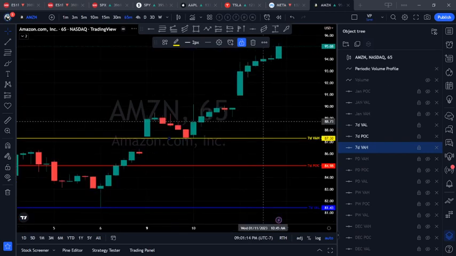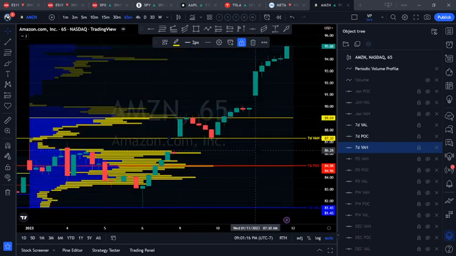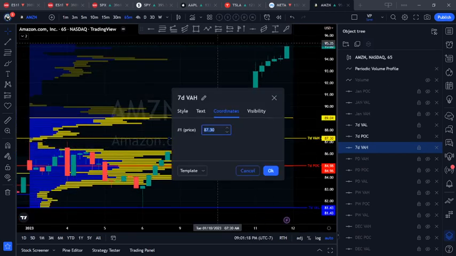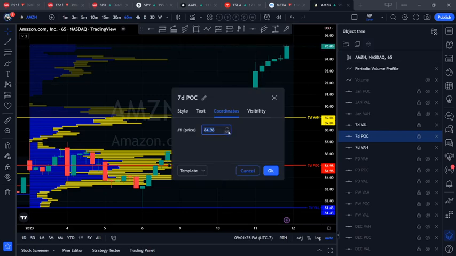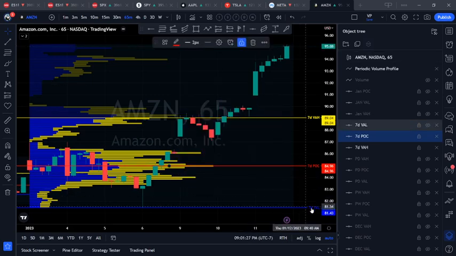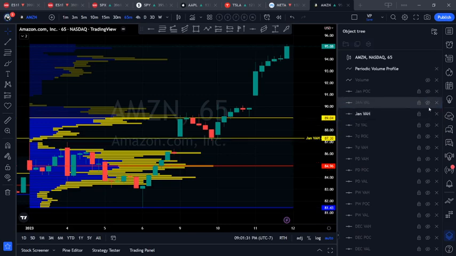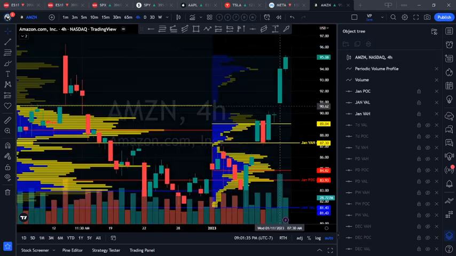Move on to the weekly. Got a little bit of movement. Went to 89.04 value area high. Couple cents on the POC. And no movement on the value area low. Grab monthly levels. Let's see.